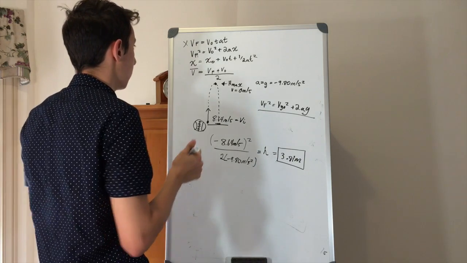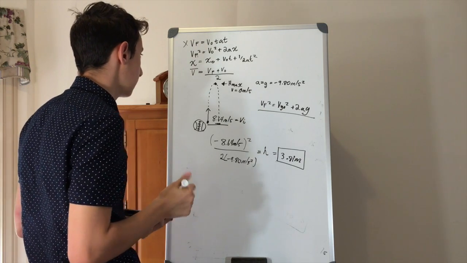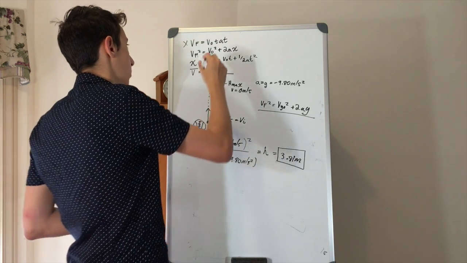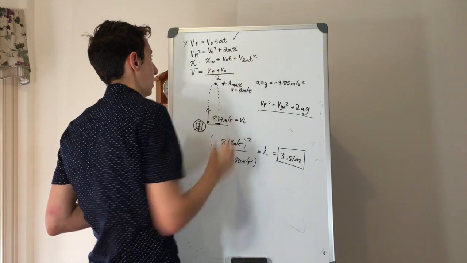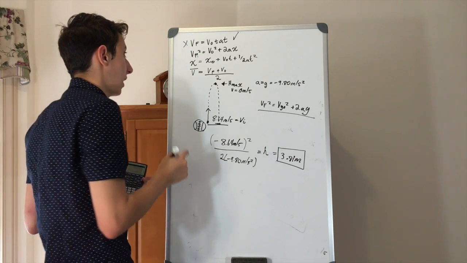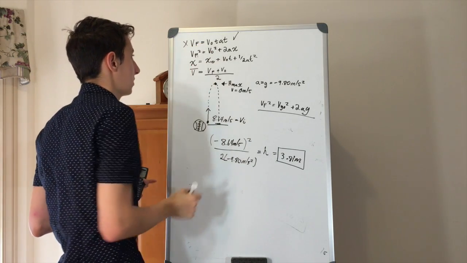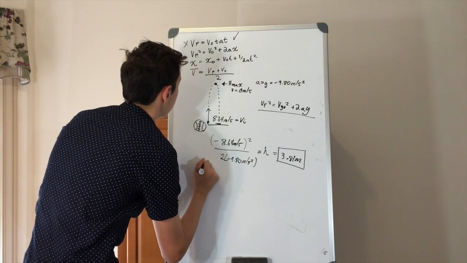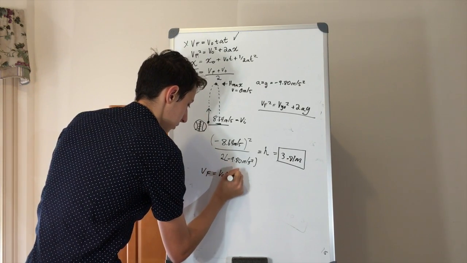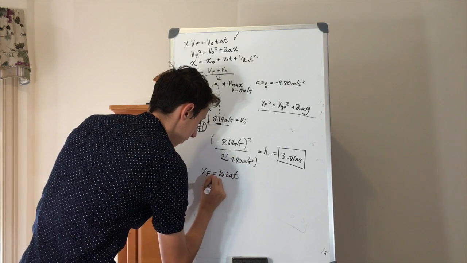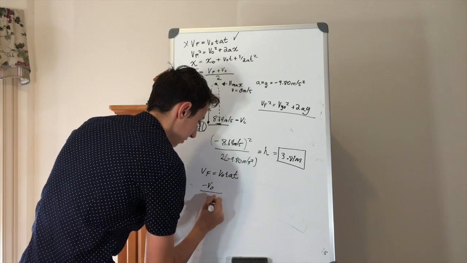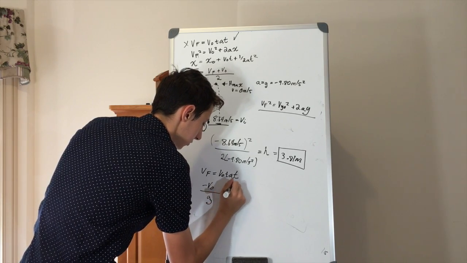So we're going to look at our equations again, and we realize that we can use this equation in order to find the time at the top of the parabola. Since we know our final velocity is 0, we can write negative v initial over acceleration, which in this case is gravity, equals time.